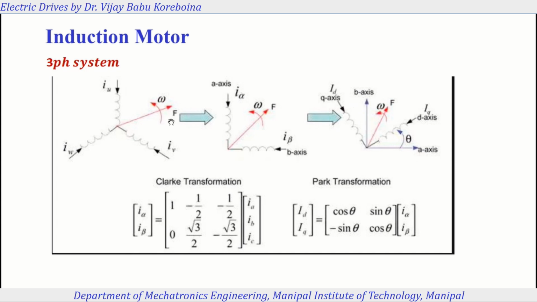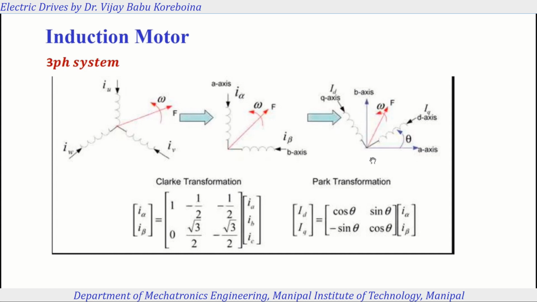The stationary structure is three-phase to two-phase, and this two-phase will again be rotating. That rotating two-phase becomes the DQ axis. So the DQ axis is the rotating frame, and this alpha beta axis is the stationary frame. Keep that in mind: stationary reference frame as well as rotating reference frame.